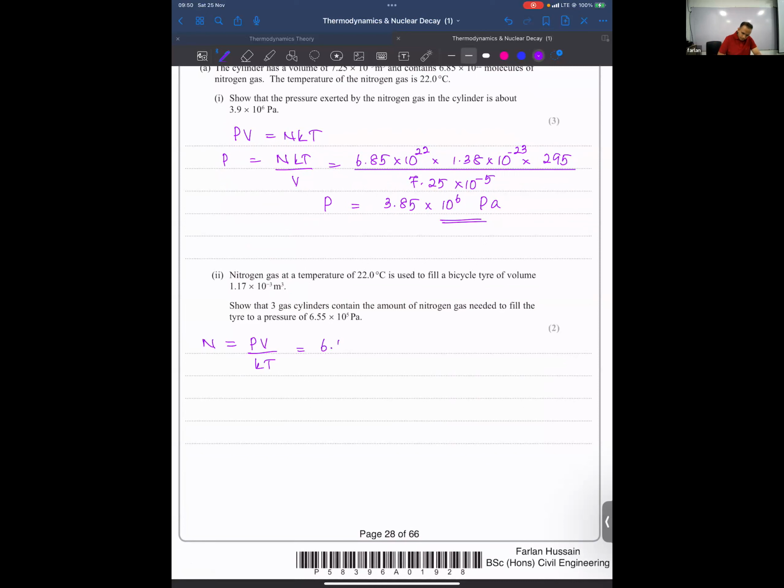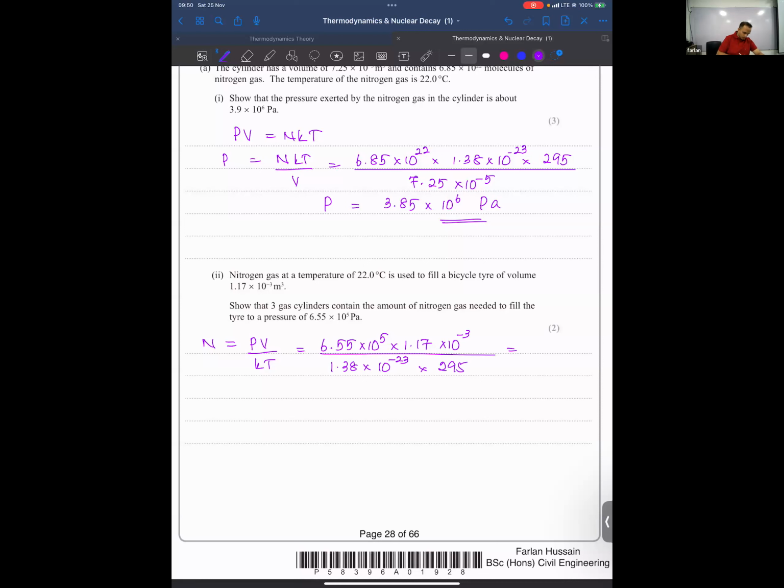Pressure is 6.55 into 10 to the power 5, volume of the tire is 1.17 into 10 to the power minus 3, divided by k, which is 1.38 into 10 to the power minus 23, and T is 295.